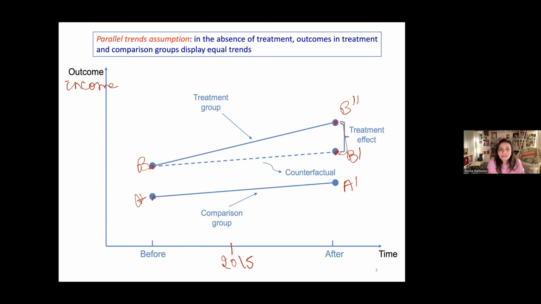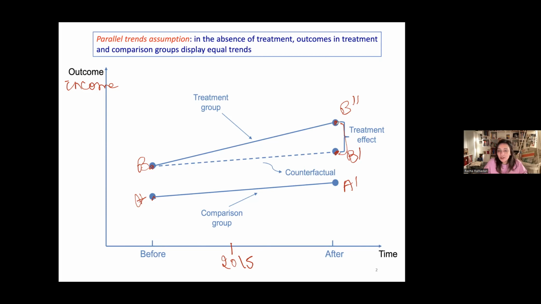So again, we had already 2 points in time with 2 groups. The 2 groups have different outcomes in the period before the treatment or before the participation to the program. And in the absence of the treatment, their outcome is supposed to increase or change in parallel trends. And B prime will continue to be higher than A prime. However, because of the treatment, the beneficiaries group or the treatment group will even have higher outcome.